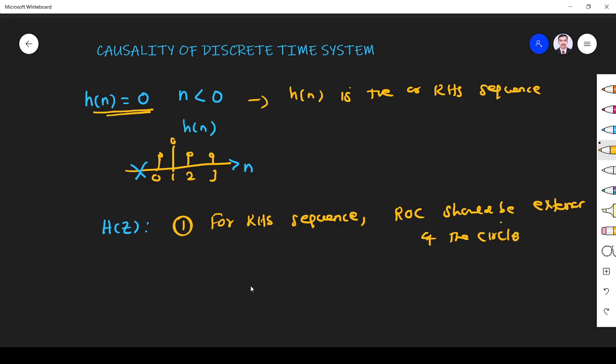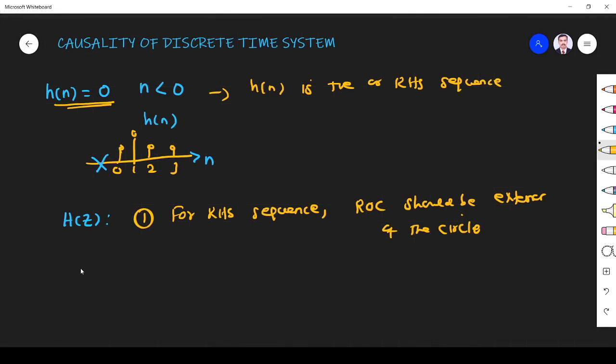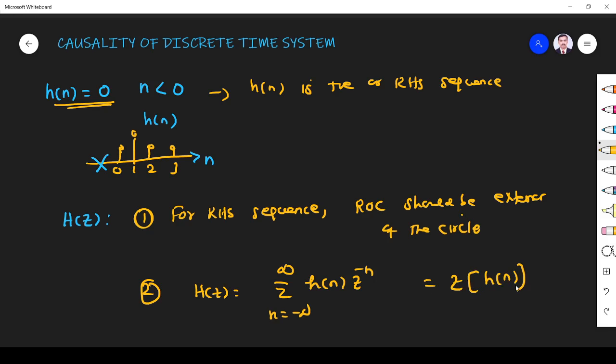Second thing is, h of z we can write as summation n goes to minus infinity to plus infinity h of n z power minus n. That is, the z transform of h of n is h of z. Yes or no?